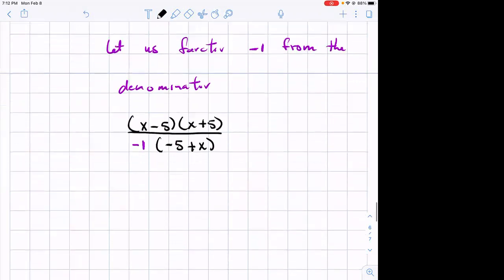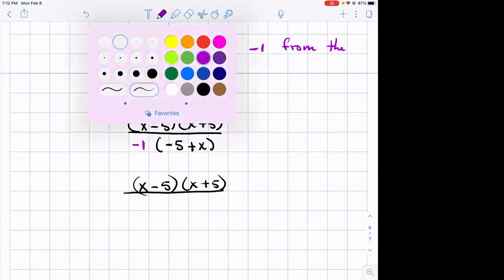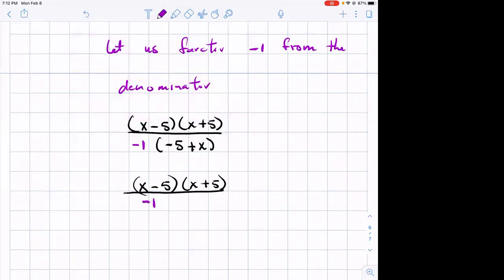Here I can rewrite the denominator, divided by negative 1 times the denominator, writing the x first, it's positive, and then a minus 5. And now you will see that this is the same as this.